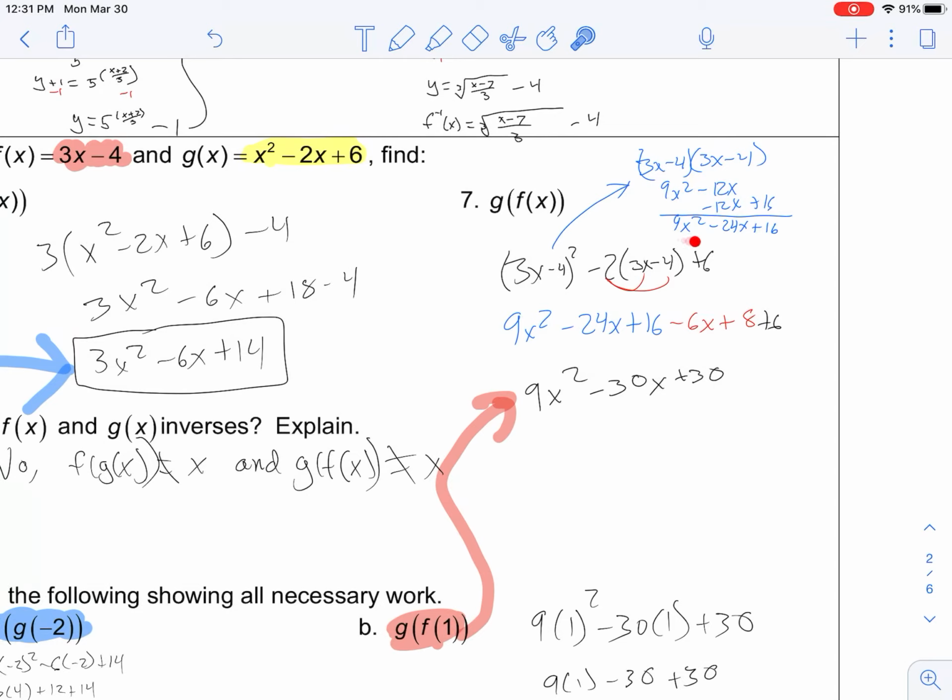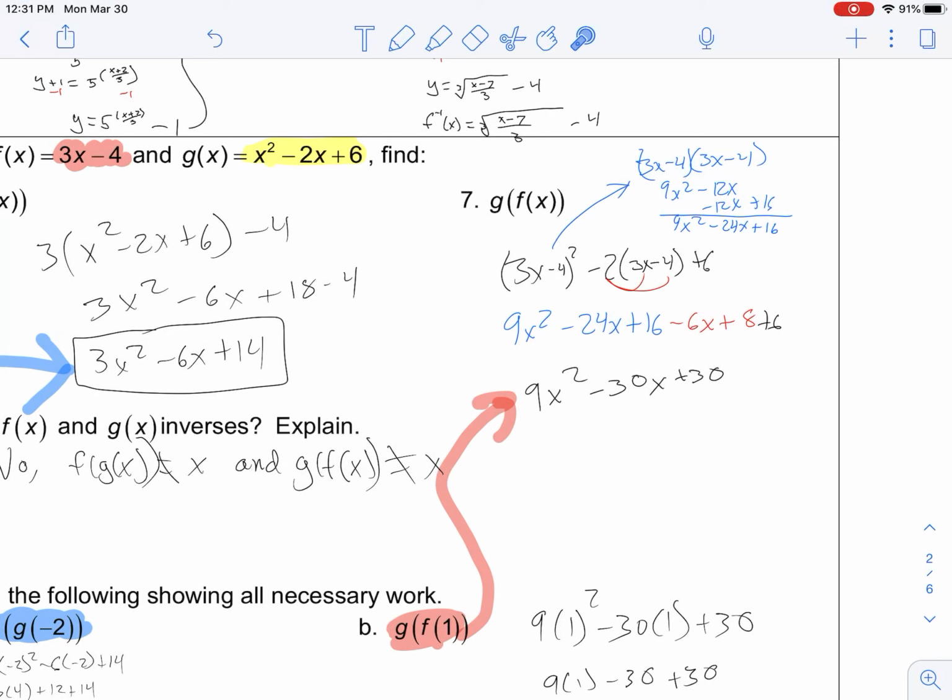If you see my work over here, I just worked out that 3x minus 4 squared is not 9x squared plus 16. You can't just take that square and give it there. It means there are 2 sets of these multiplying. So you've got to multiply them out and then combine your like terms.